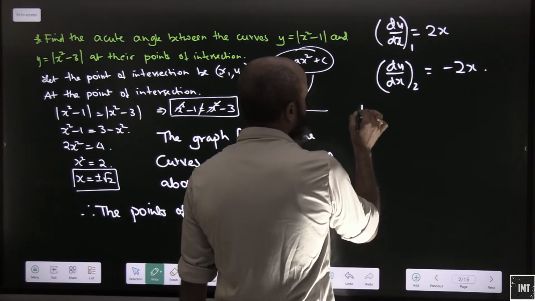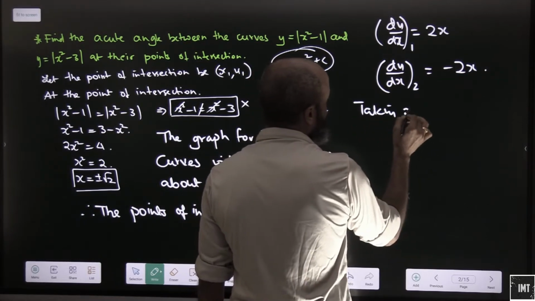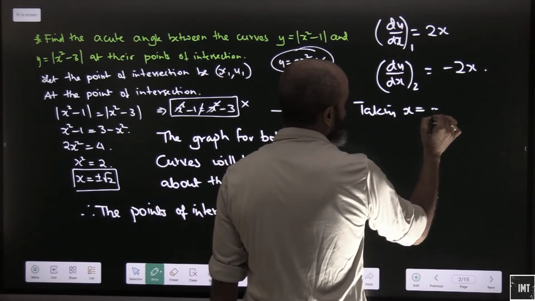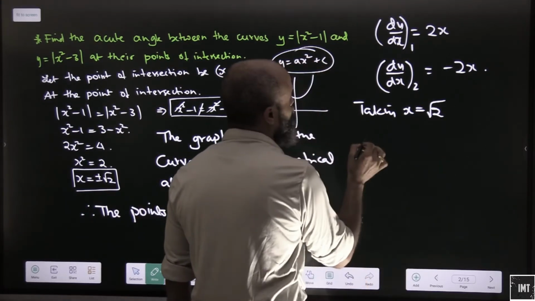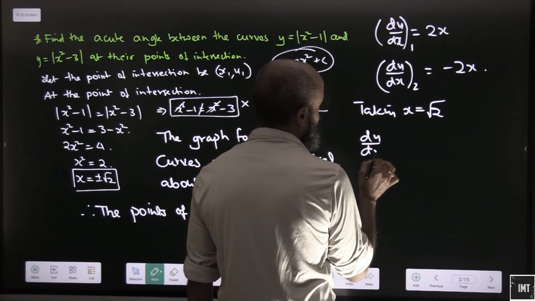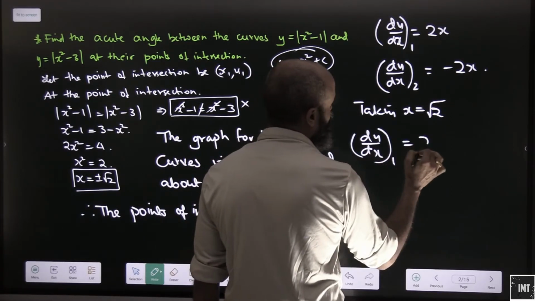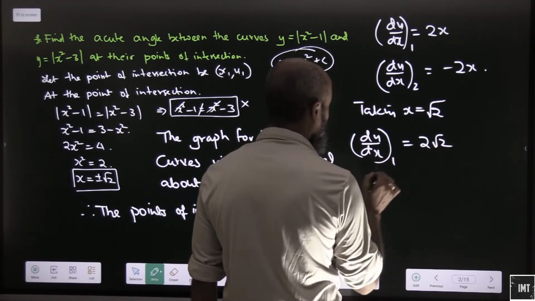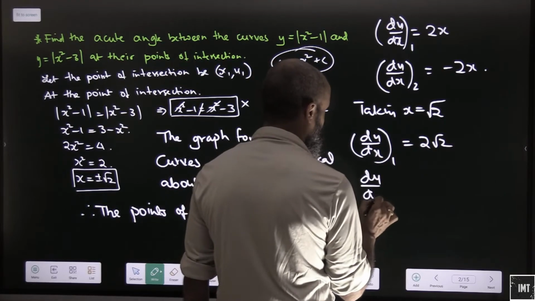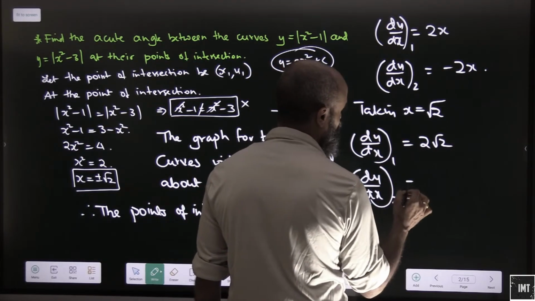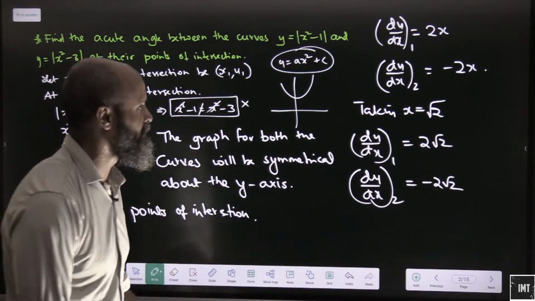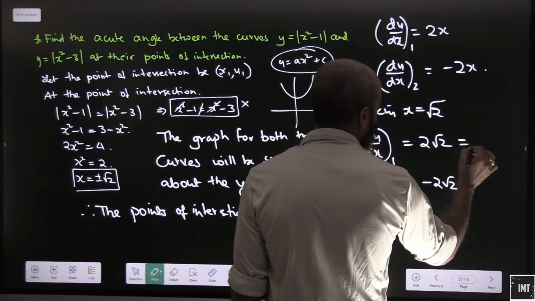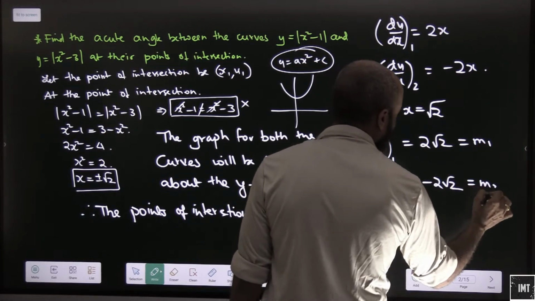Taking x is equal to plus under root 2, we have dy by dx at 1 is equal to 2 under root 2, and dy by dx at 2 is equal to minus 2 under root 2. So both these curves will have the same inclination in magnitude, so here it will be m1, here it will be m2, okay.